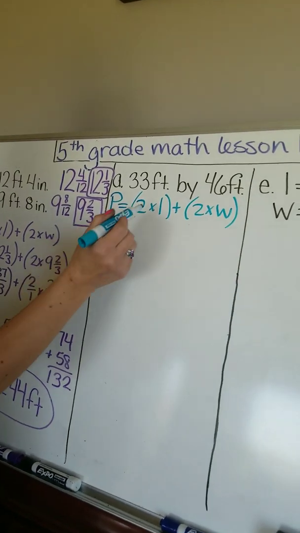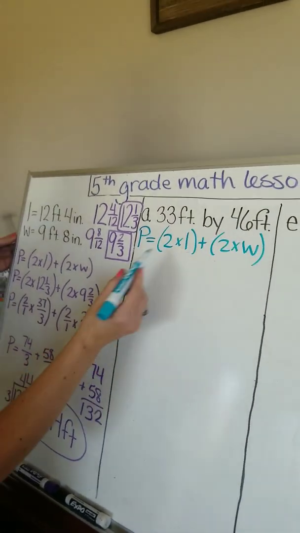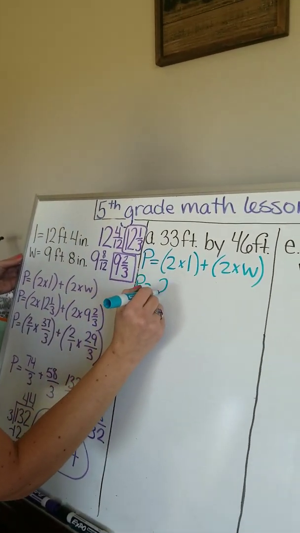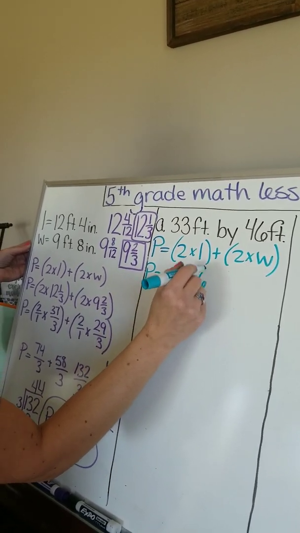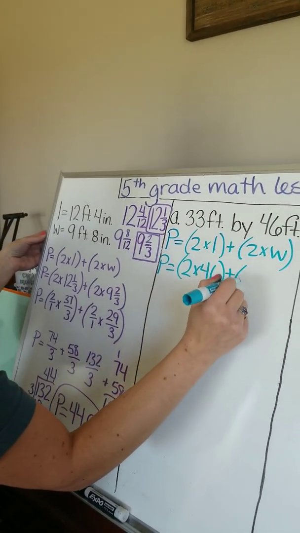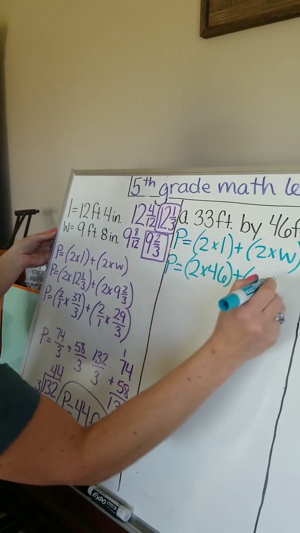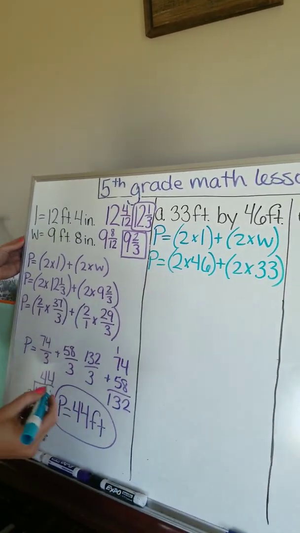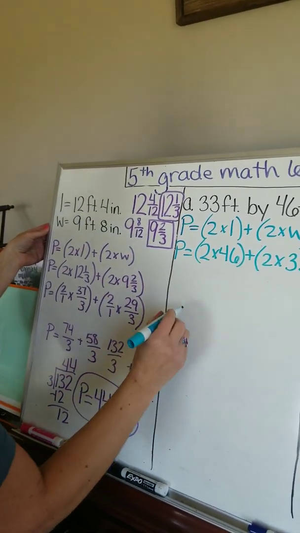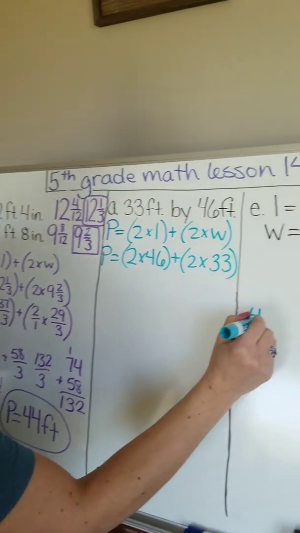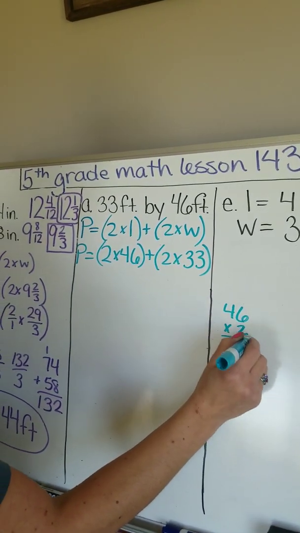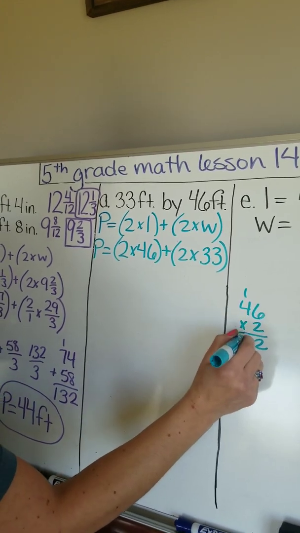Okay, now we're going to plug in. Remember, length was the second one here, so P equals 2 times 46 plus 2 times, what's the width? 33. Okay, let's figure these out. 46 times 2, I'll just come over here, I can erase that later. 46 times 2 is 92.